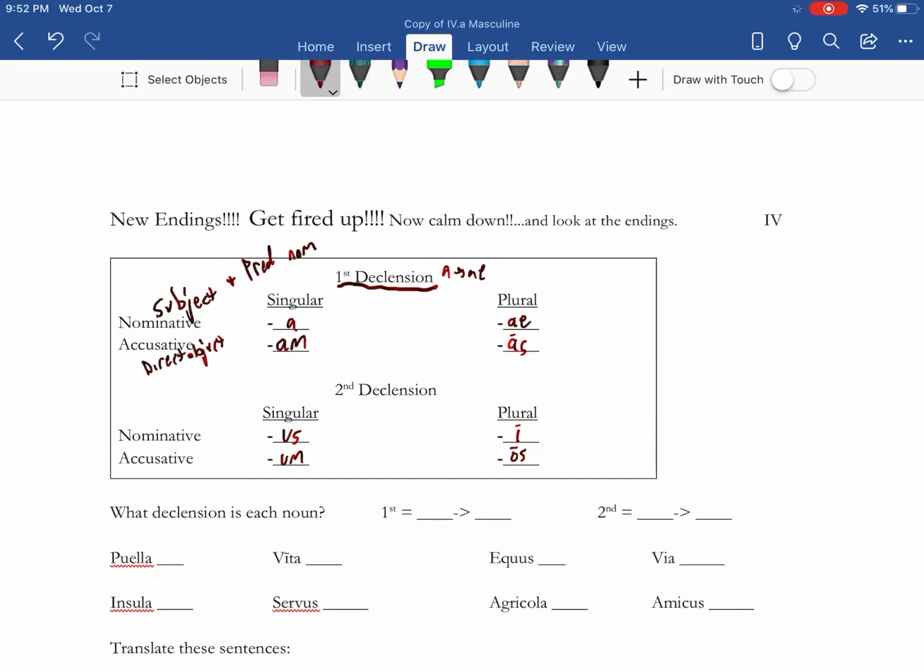Now, I put lines over the vowels in the accusative plurals. We don't need to worry about that, but it's technically accented, and so I'm going to put it there because I'm used to it.